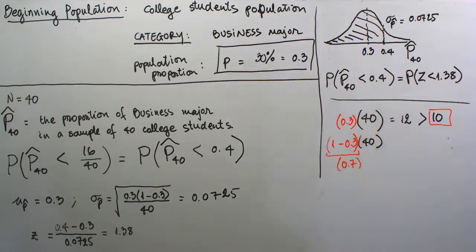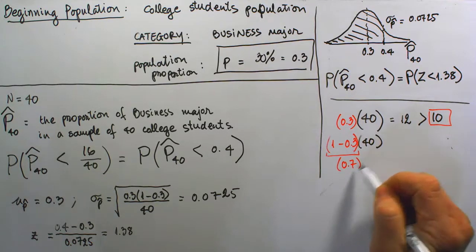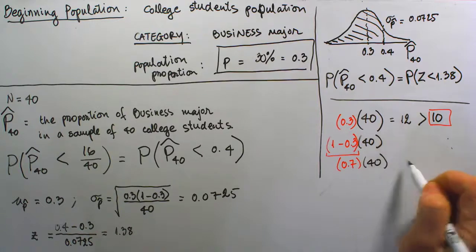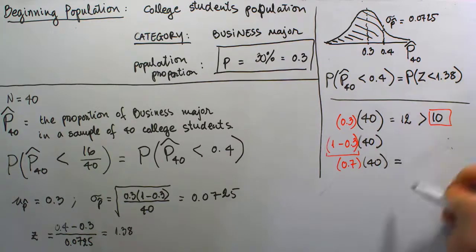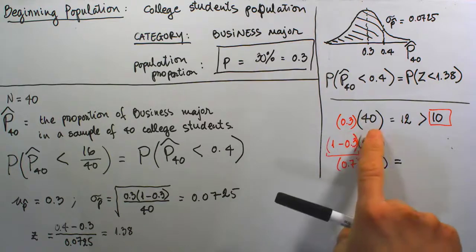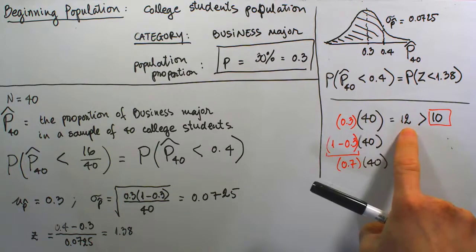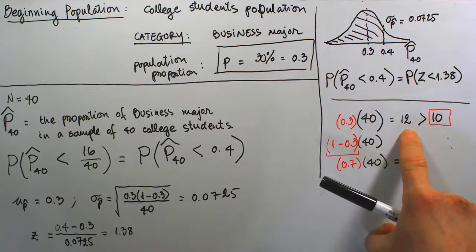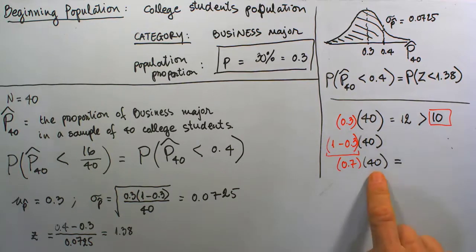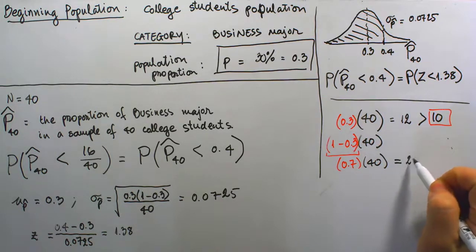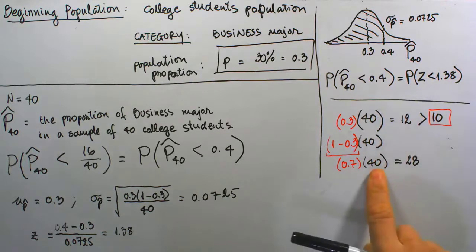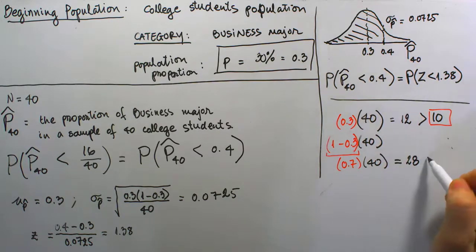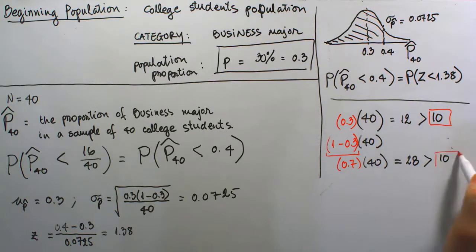So in other words, 0.7 times 40, we will have another count. So we need to have two requirements fulfilled. 40 times 0.3 to come out with a count, and we want that count to be above 10. Obviously it did happen here. Now 40 times 0.7, we come out with a count being 28. This count here is again greater than 10. And again, make that special note about this 10.